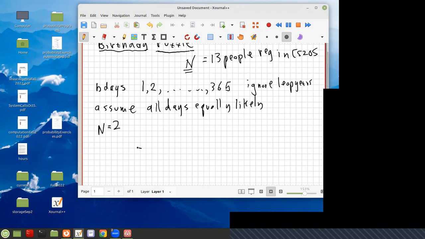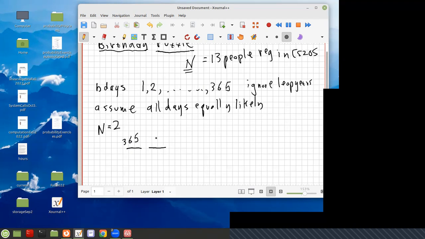I have two people, and you can think about it like this. The first person could have any of 365 days of the year. They're equally likely if we didn't know. So if we choose two people randomly, there's 365 different ways they could have a birthday.